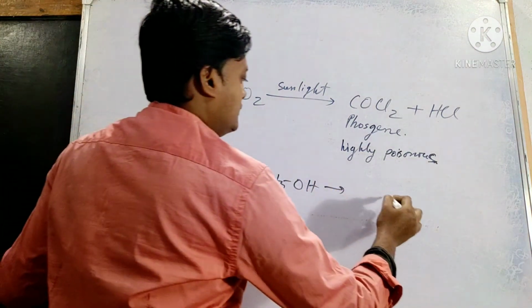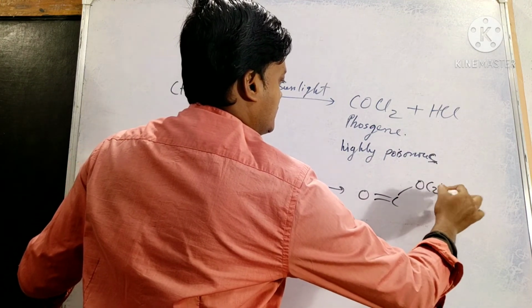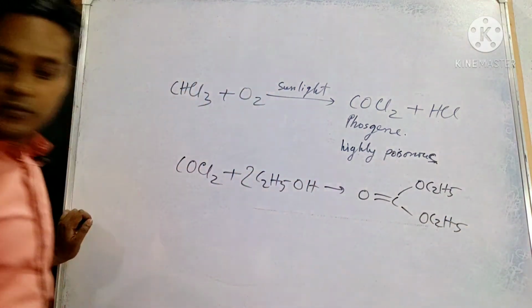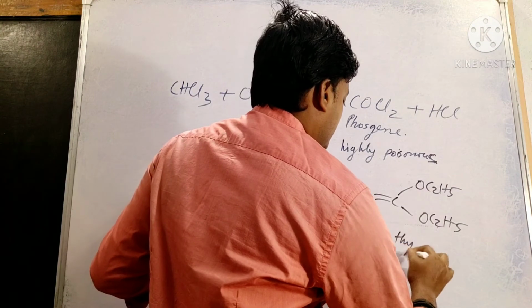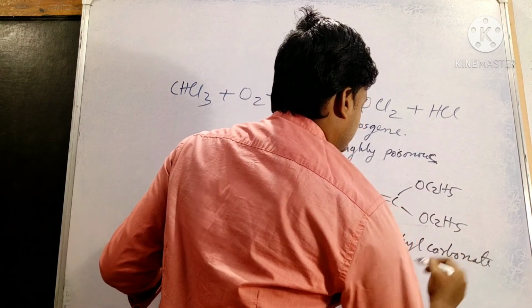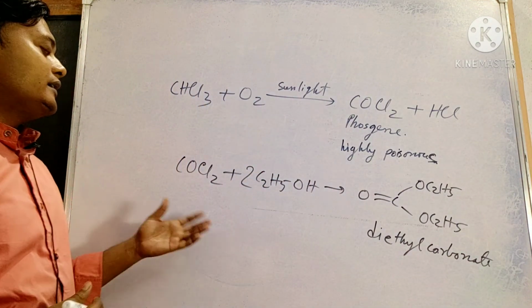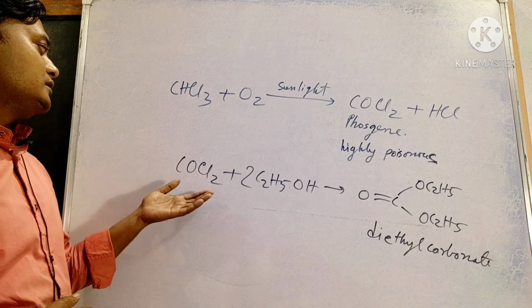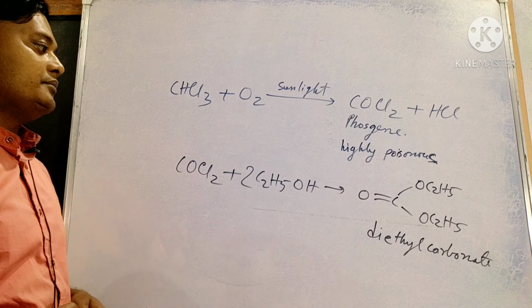What happened? Diethyl carbonate. In that way we can remove that highly poisonous phosgene from chloroform sample.